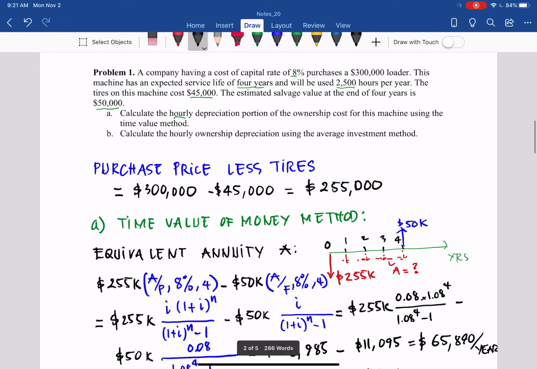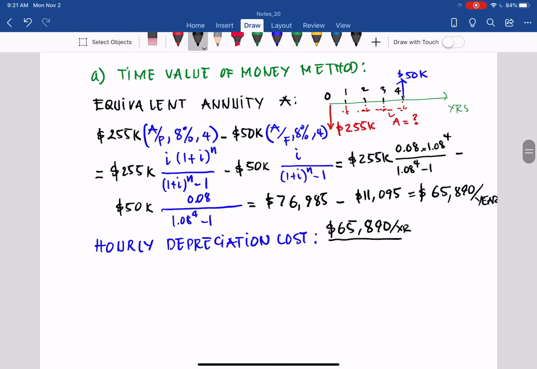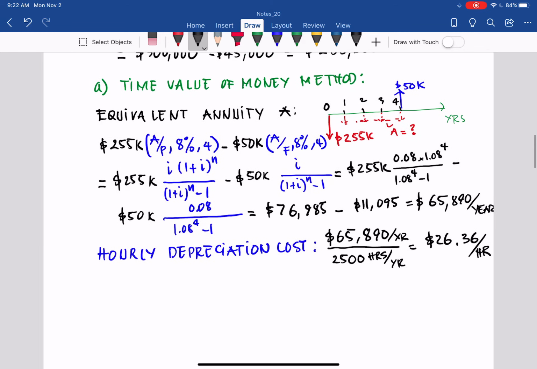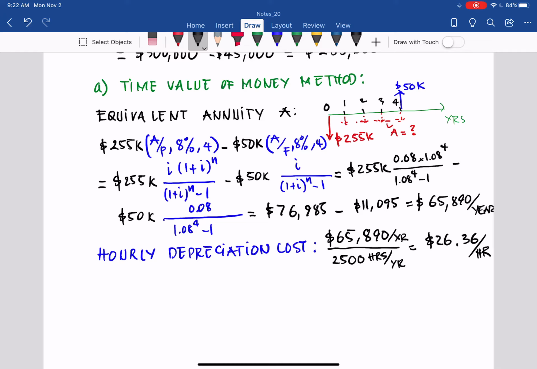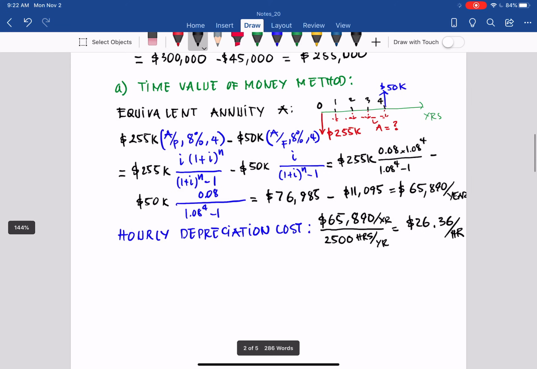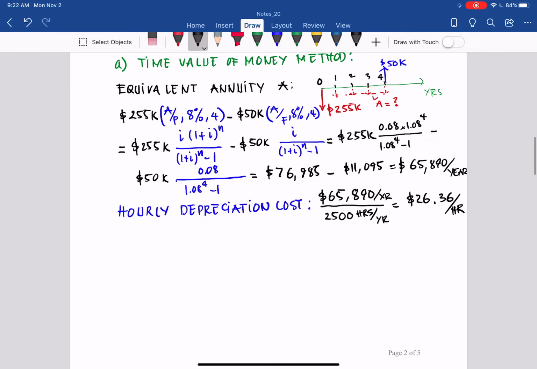This equipment operates 2,500 hours per year. So we have $26.36 per hour. So the depreciation cost charged hourly for this equipment is $26.36 per hour.